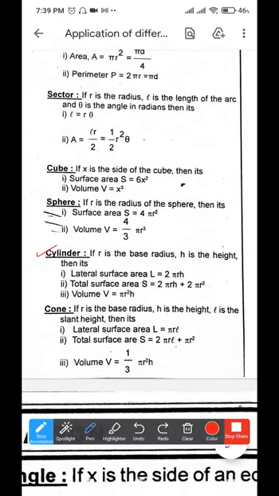Lateral surface area is 2 pi r h. Total surface area is 2 pi r h plus 2 pi r square, and volume is pi r square h. Similarly, cone: pi r l, total surface area pi r l plus pi r square, and volume 1 by 3 pi r square h. These are the basic formulas.